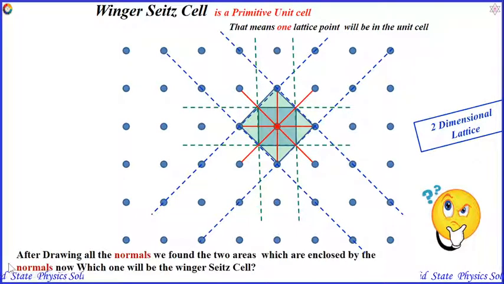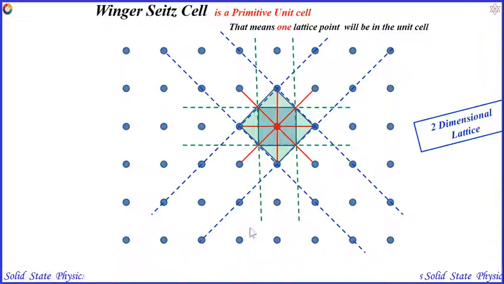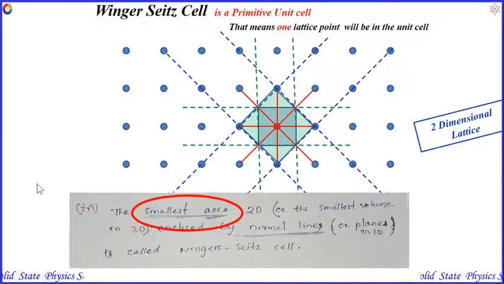So now after drawing all the normals, we found two areas which are enclosed by the normals. Now which one will be the Wigner Seitz cell? For that we have to consider the third step, that the smallest area in case of 2D enclosed by the normals will be considered as the Wigner Seitz cell.